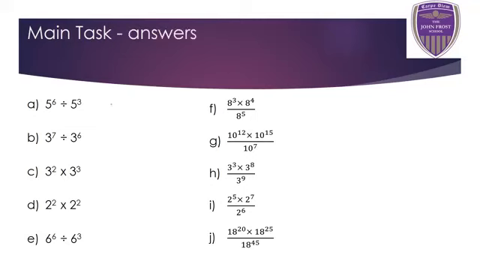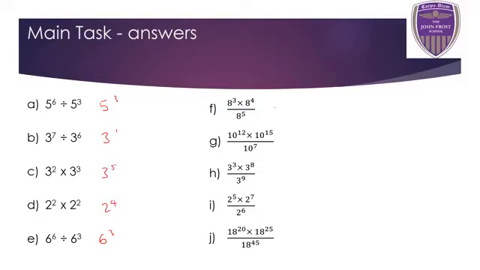Okay, if we go through these answers then, all right, so I'm going to do part 1 in red and then part 2 in a different color. So we should just get 5 to the power of 3, 3 to the power of 1, 3 to the power of 5, 2 to the power of 4, 6 to the power of 3.